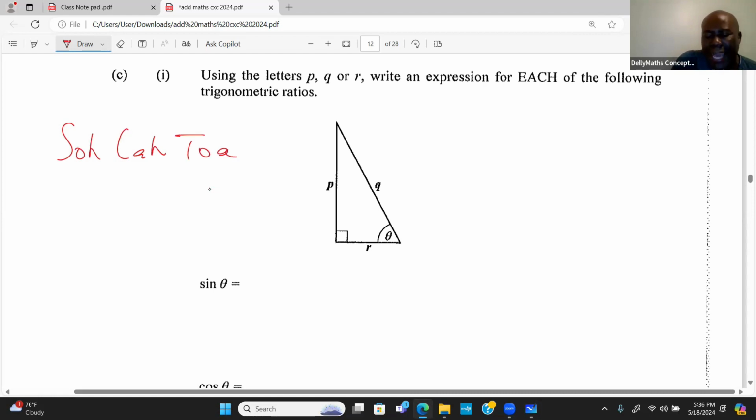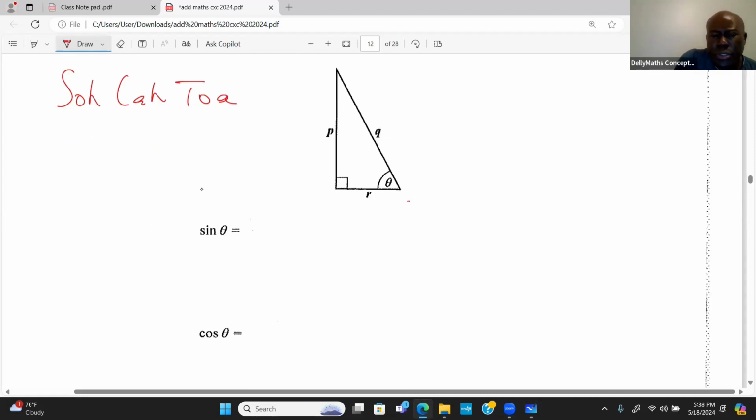Why? It's a right angle triangle. And so sine is going to be the opposite side over the hypotenuse side. Opposite side is here for sine. The hypotenuse side is Q. So it's going to be P over Q right there.